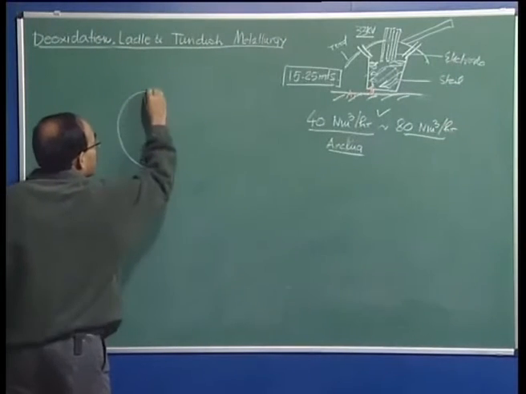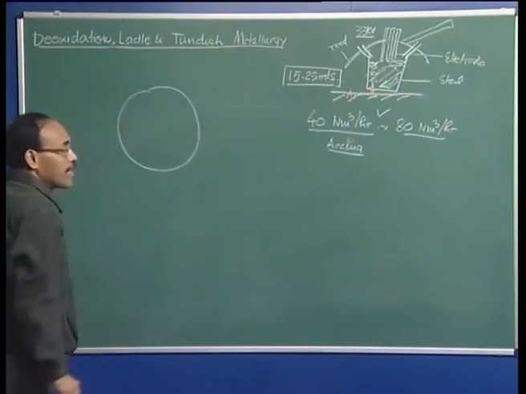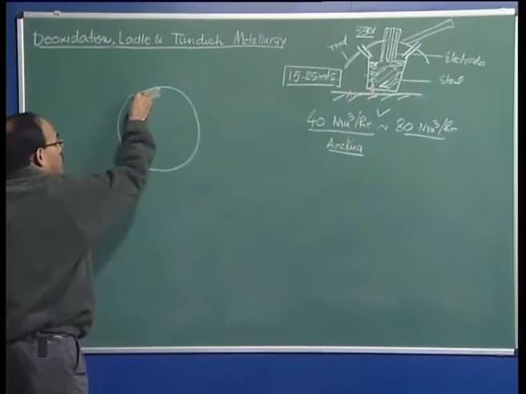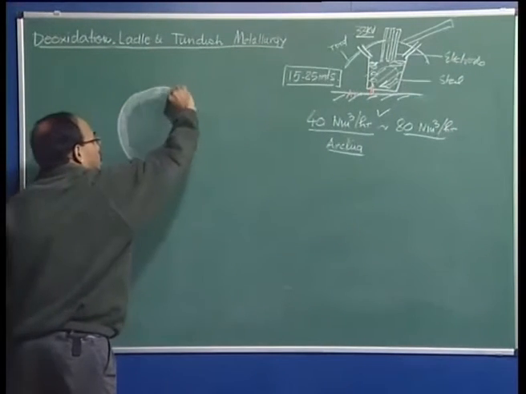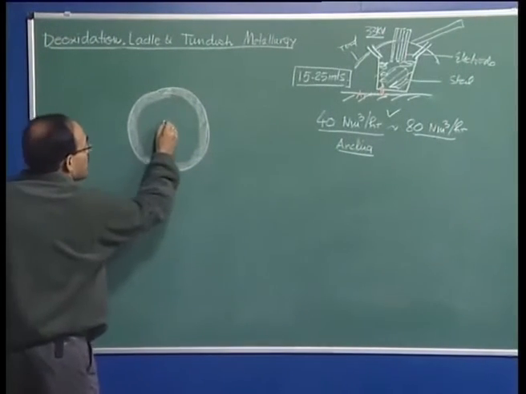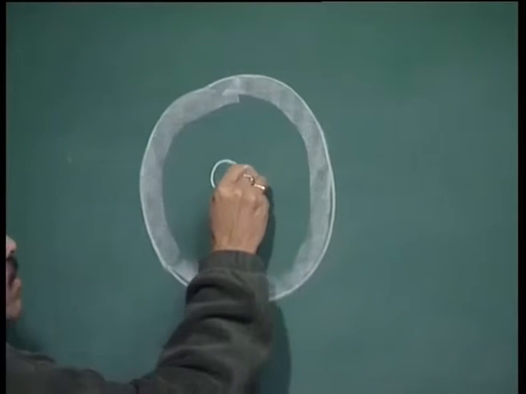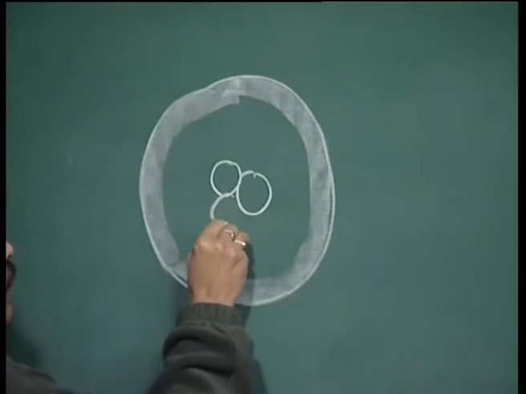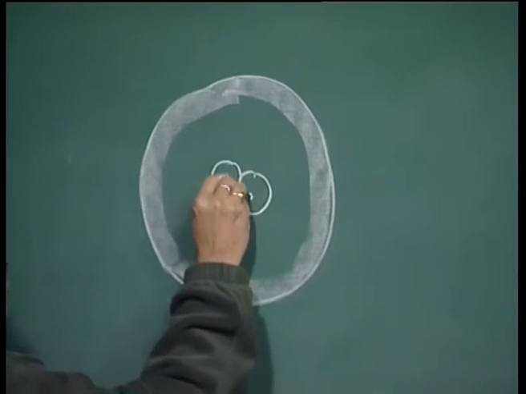Now, if you look from the top, it will look like this. This is the ladle, for example, the top view of the ladle. It is a refractory lined vessel, so I can draw a thick layer around it. That is the top view of the ladle, and you are going to see now 3 electrodes in this particular way. These are our 3 electrodes.